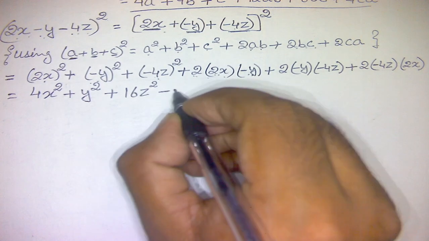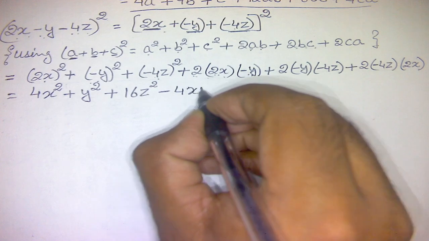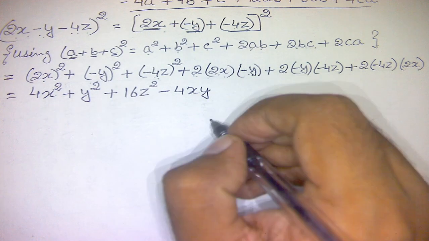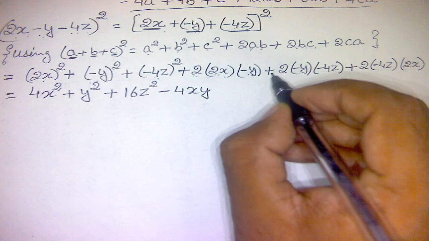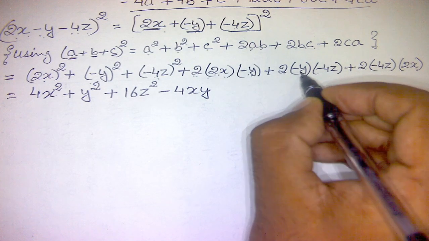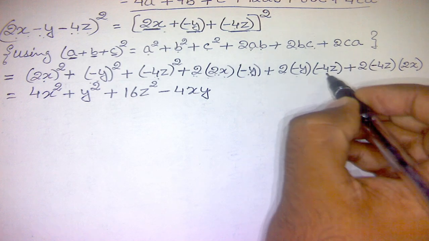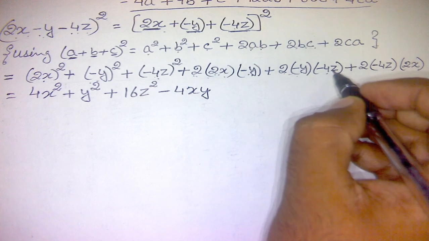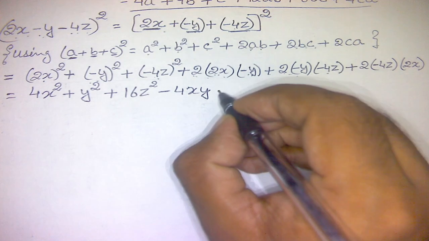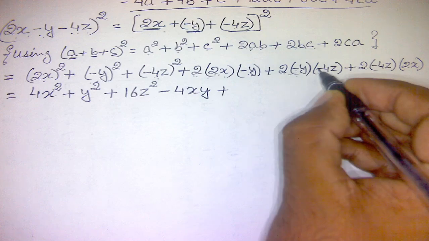So here you will have minus 4xy. Then next, 2 multiply minus y is minus 2y, and minus 2y when multiplied by minus 4z will become plus 8yz, because minus into minus becomes plus.